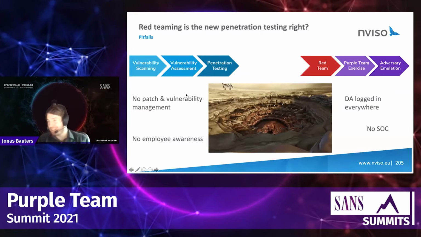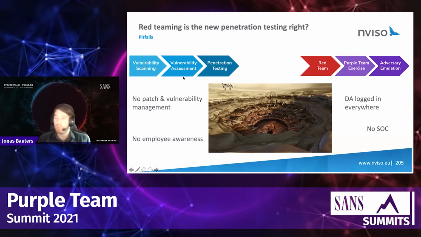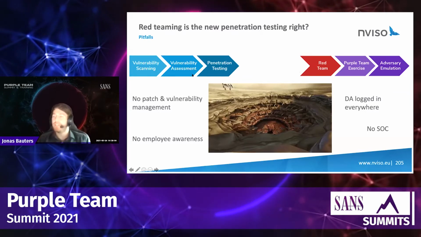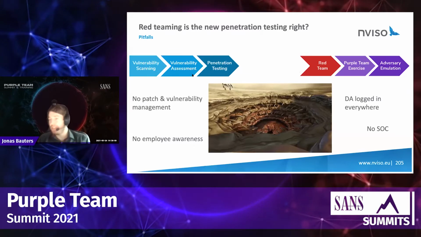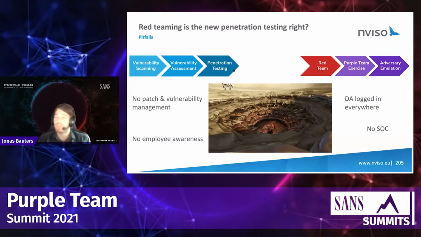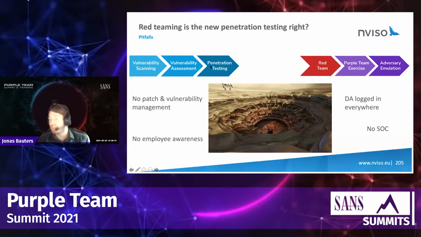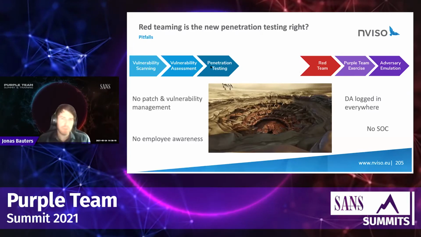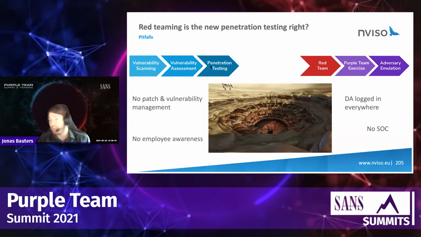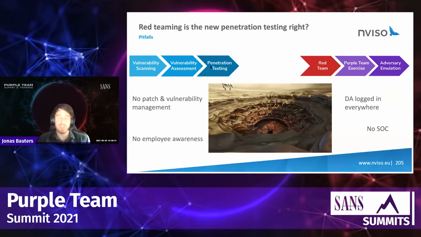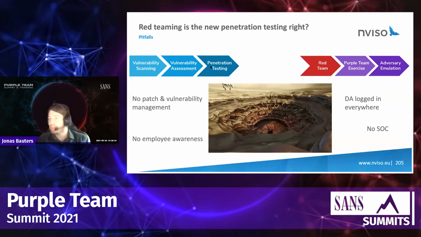But I think that's not the case, and many companies think when we've done a few pen tests, we should be ready to do red teaming, which is not the case either, because these tests on the left, they're often executed in an ad hoc manner. So you might identify issues and vulnerabilities, but do the test again on a different set of systems or applications, and the issue is still there.